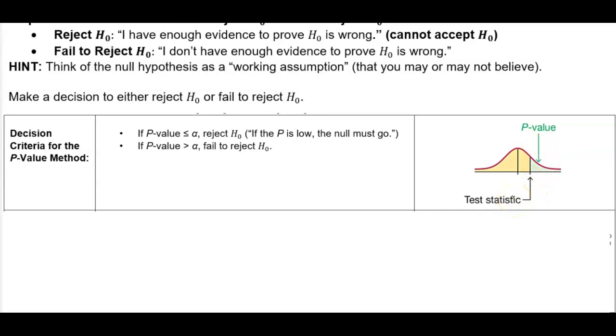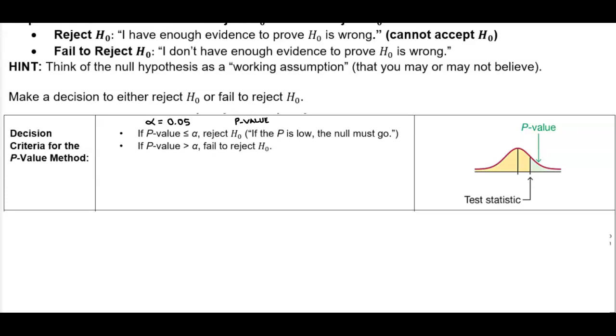Okay, so first that's given. So let's say that alpha is given as a significance level of 0.05. Okay, and let's just say that we get the following p-value.